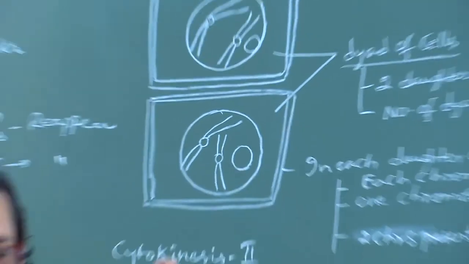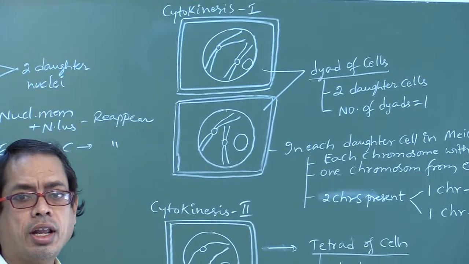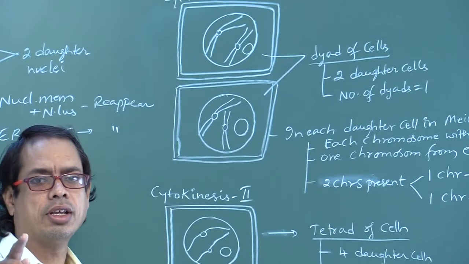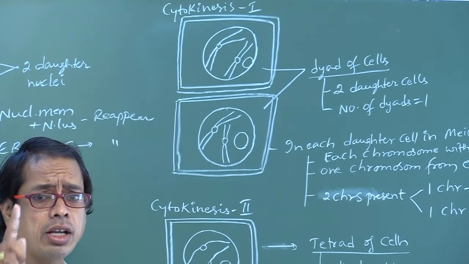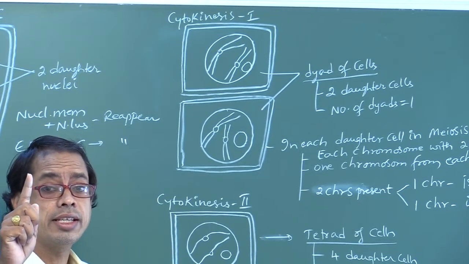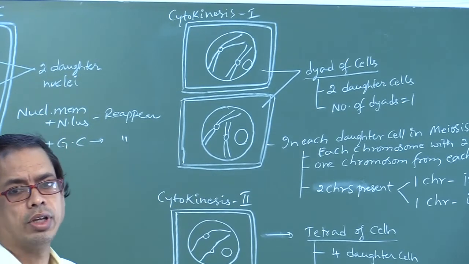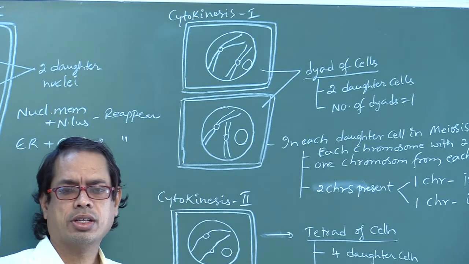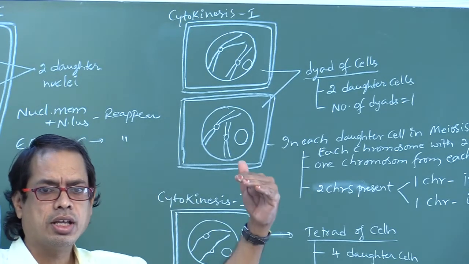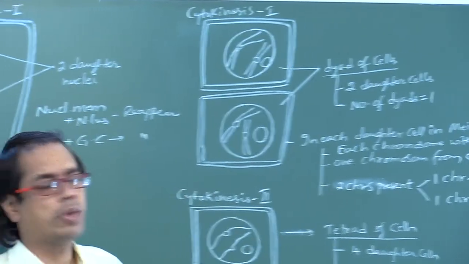The cell plate grows in a centrifugal direction. Whereas in animal cells, cytokinesis occurs by which method? Furrowing method.